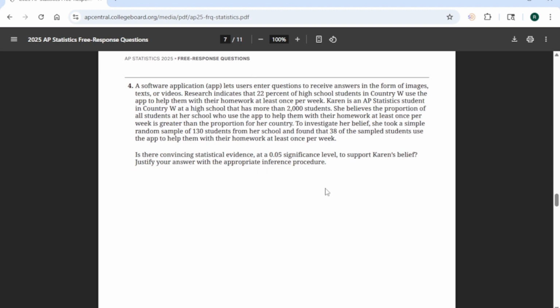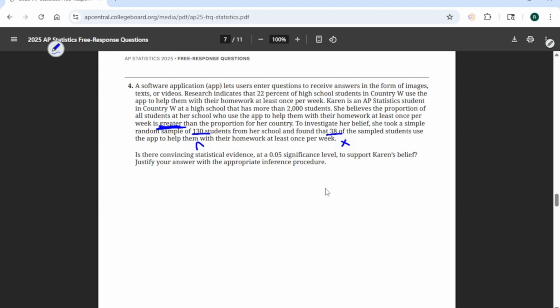So we've got our application that can help with homework. We have 22% of high school students in the country use it, and we want to know if the proportion that use it is greater than the proportion for the country. So we've got 130 students, there's our n, and then 38 is our x value.